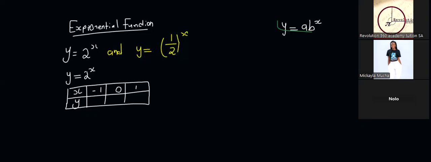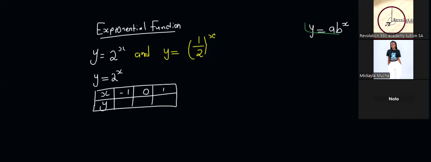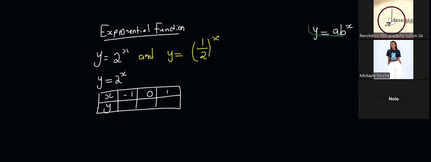Sir, do you see now? Let me try to zoom in. Okay, please do that so that we can proceed. I can see now. Thank you. You can see now? Yes.